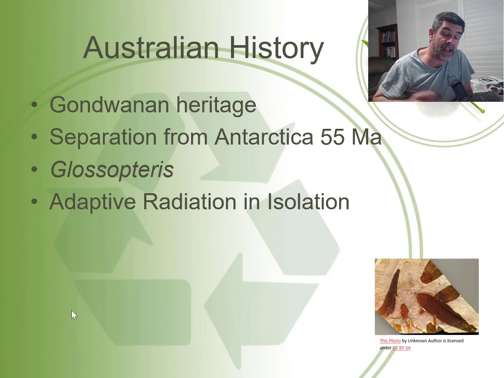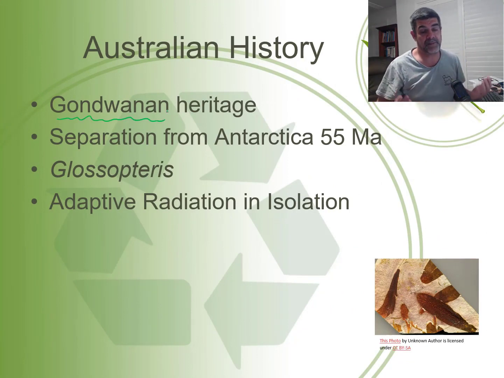So Australia has what we call a Gondwanan heritage, and that is basically meaning that Australia was once part of a southern supercontinent called Gondwana, which was made up of Antarctica, Australia obviously, South America, Africa, and also India. And these were originally joined together.